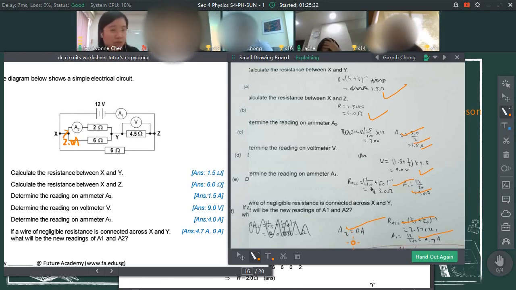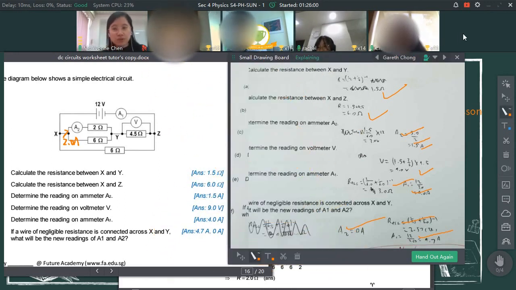So there's no current through A2, so it's 0. Okay, so for the next part, the reading of A1, just straight away find the total resistance of the circuit, and then after that, find the current flowing through A1. Okay, very clear. Very good, parents.